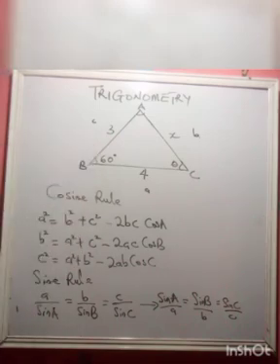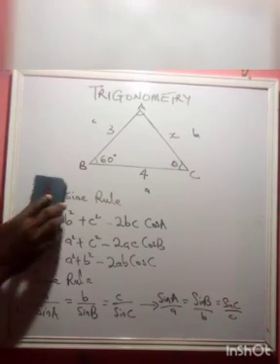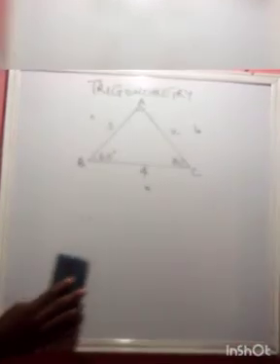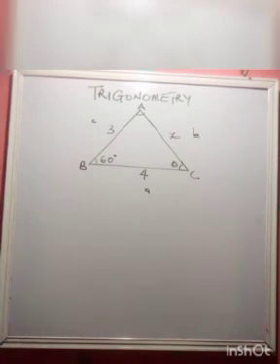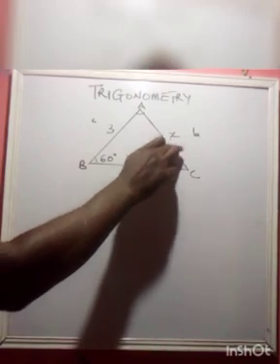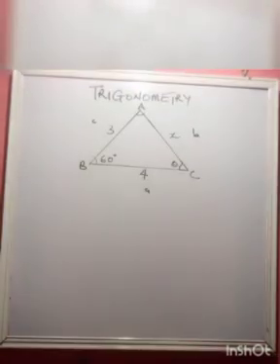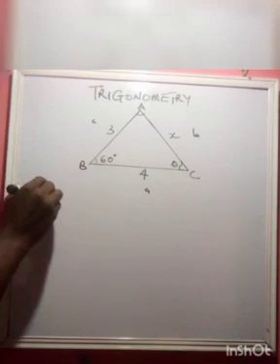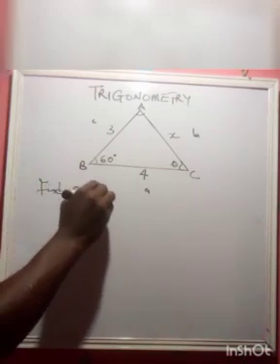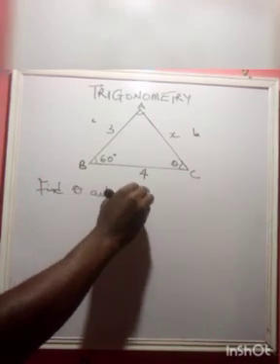In this triangle above, we are actually looking for angle C and side B. If you look at the triangle, we don't have theta, and we are looking for x. The question is: find theta and side x.